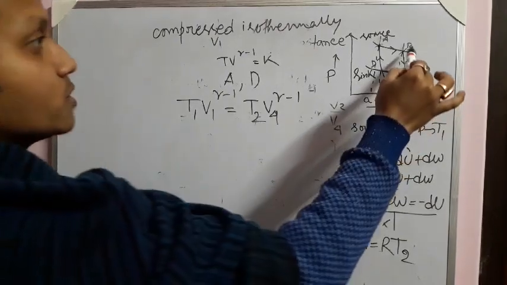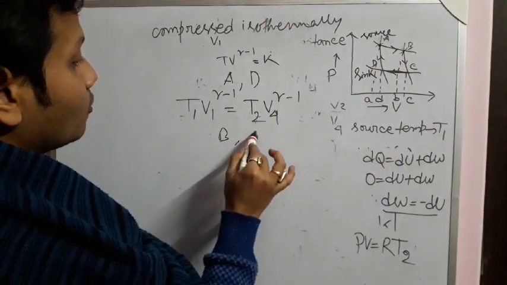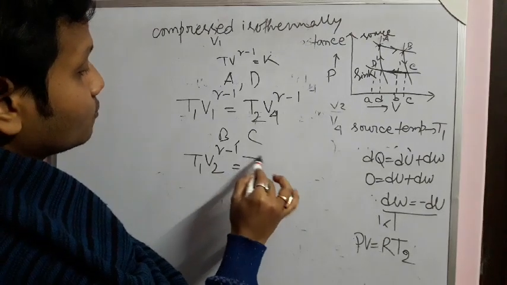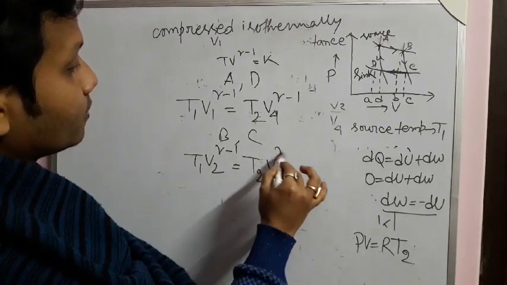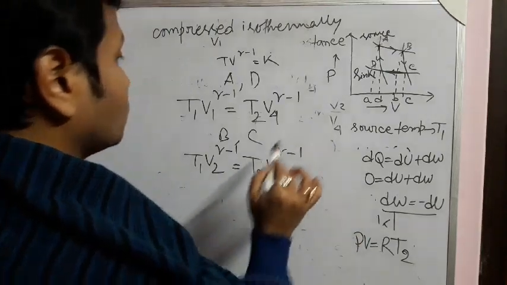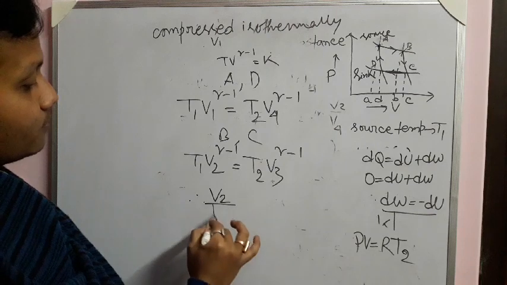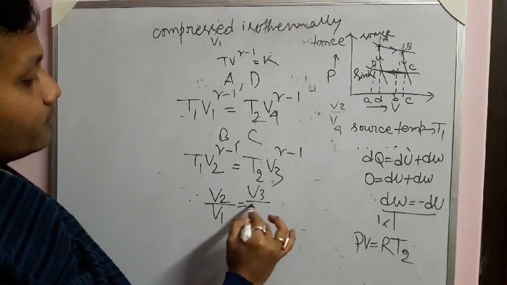And if you use this for points B and C, what do you get? T1 V2 to the power gamma minus 1 equal to T2 V3 to the power gamma minus 1. Okay, so if you divide these two relations, you will get V2 by V1 equal to V3 by V4.